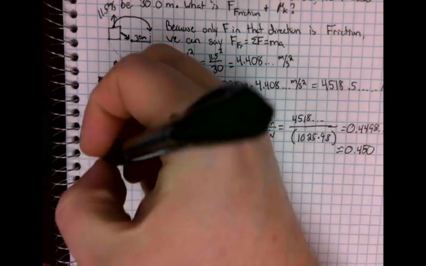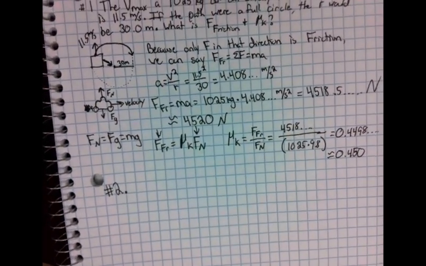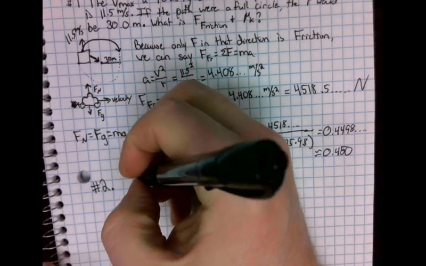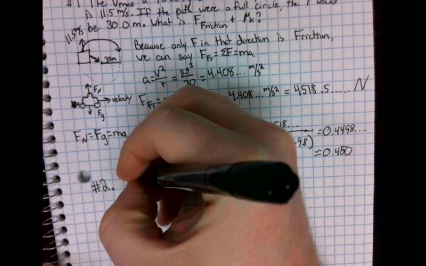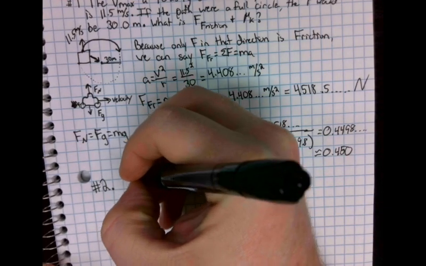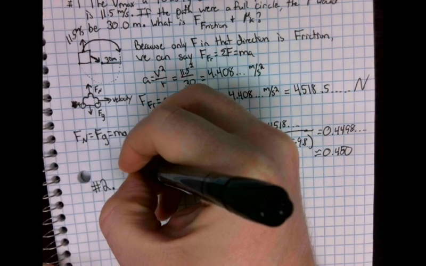Okay, for example number 2, we're going to get a little bit weirder. We're going to take a bucket. So I'm going to draw my picture up here. I'm going to draw my point that's going to be the center of my circle. And then we're going to be swinging this bucket around at a bunch of different points.